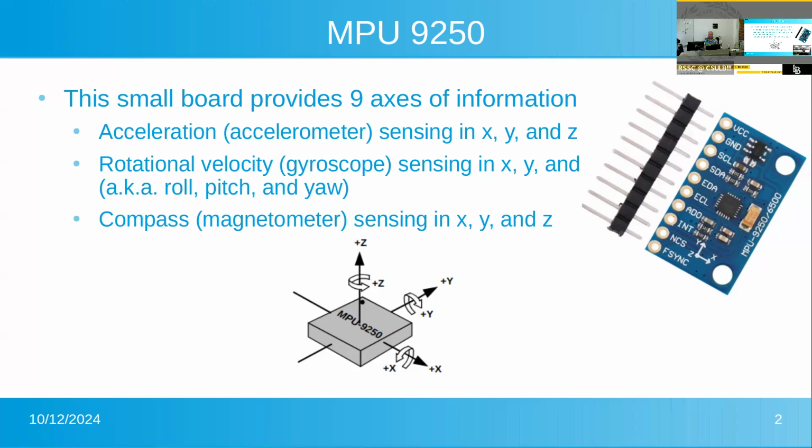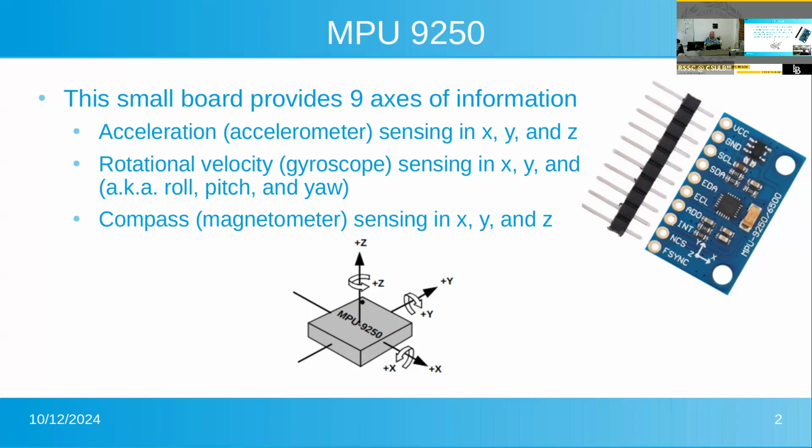Acceleration is the accelerometer, rotational velocity is the gyroscope, and the compass is your magnetometer, which points to Earth's magnetic field and makes it point to magnetic north. These are all in X, Y, and Z, which you can see in this diagram, the directions of those three axes.